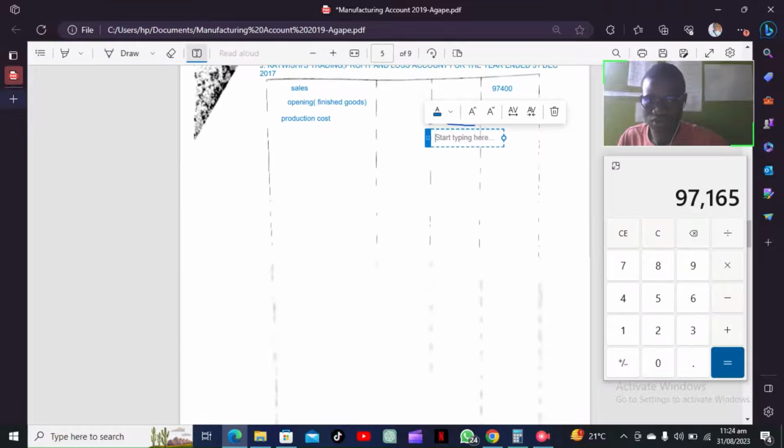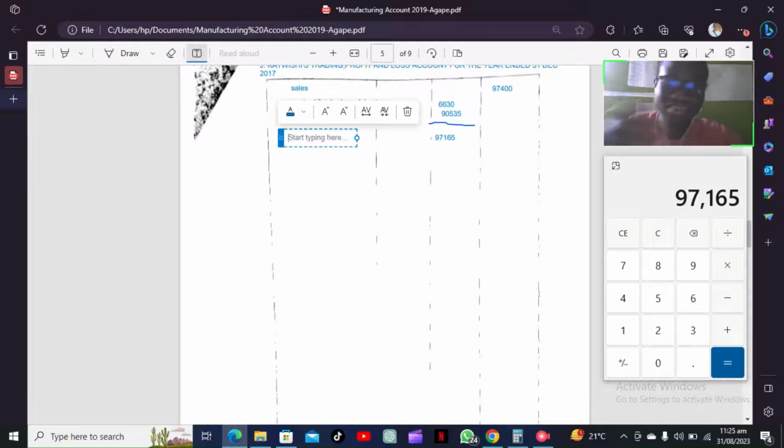We're going to put it here, which is 97,165. Just normal. Then we know this figure is total stock available. So these things, if you know the basic trading profit and loss, this whole thing is made easy.